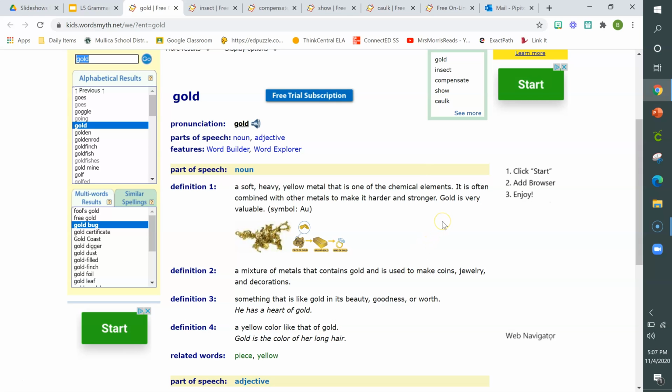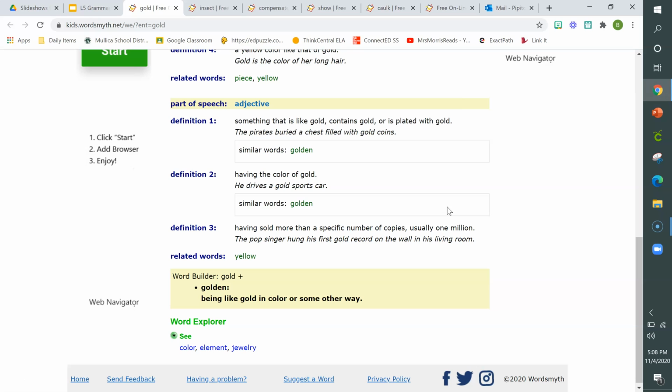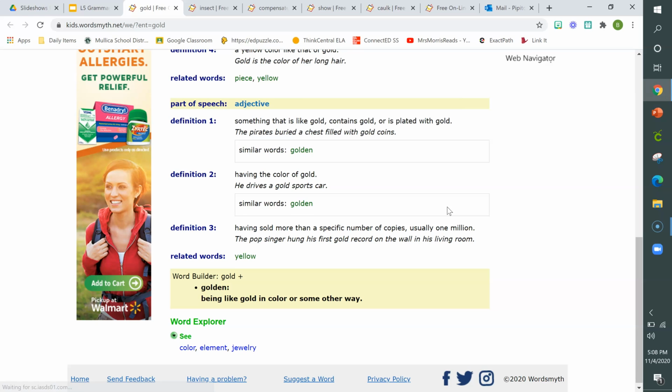The example sentence that the dictionary gave is, gold is very valuable. Can you now use gold in a sentence as an adjective or describing word? The example sentence that the dictionary gave us is, the pirates buried a chest filled with gold coins.